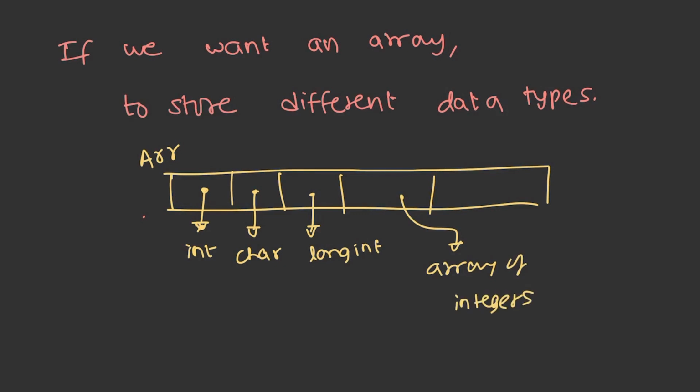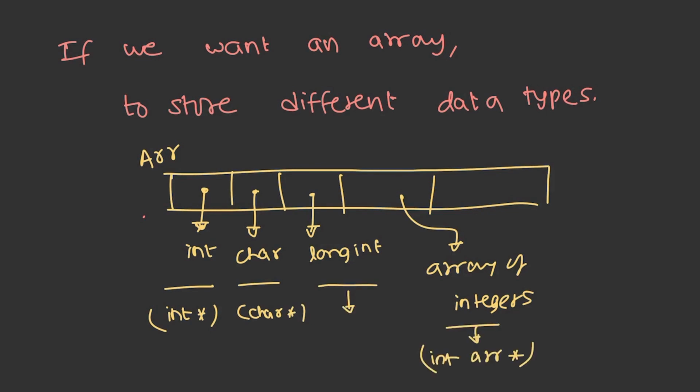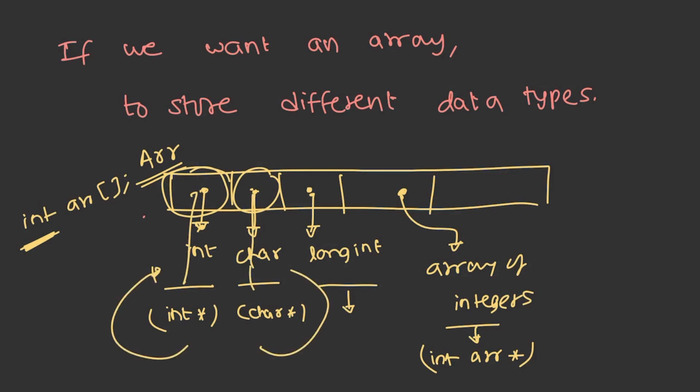If you observe carefully, we can declare an integer pointer here, a character pointer here, a long int pointer here, and an array of integers pointer, and we can store their addresses, which have uniform size. So we can declare an integer array, since integer and unsigned integer are of the same size, and every location can point to a pointer, and this will lead us to the respective value. In this way, in a single array, it is possible to store different data types.